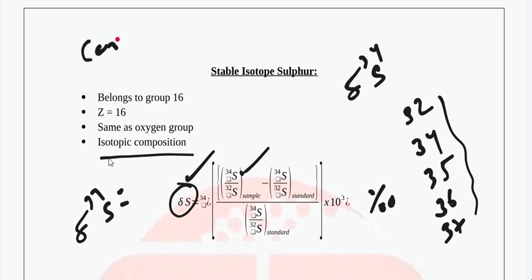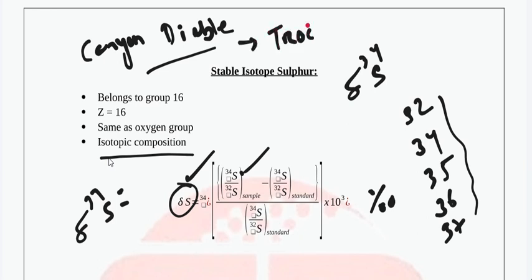Canyon Diablo. This is a meteorite, and in this Canyon Diablo we find the mineral troilite. The composition of troilite is FeS.